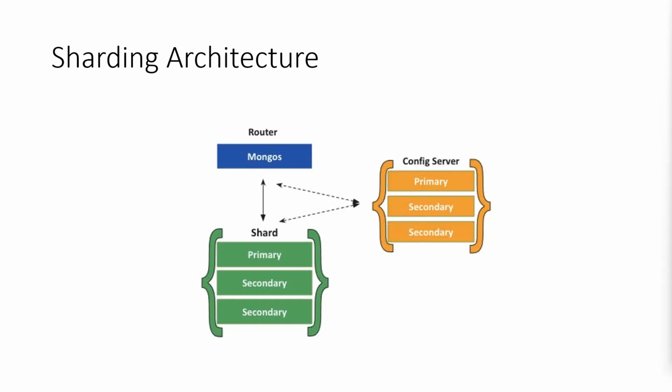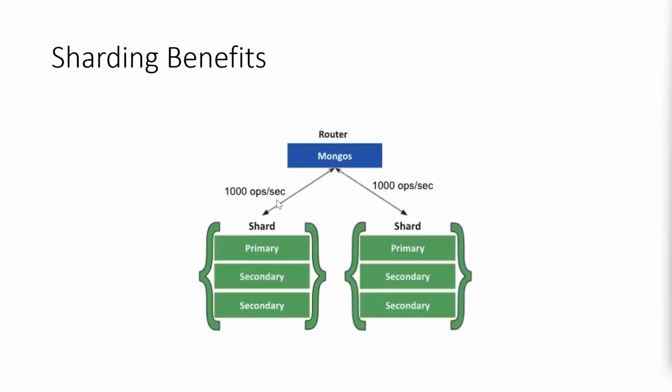For example, let's say one shard can process 1,000 operations per second. One thing is parallelizing this.